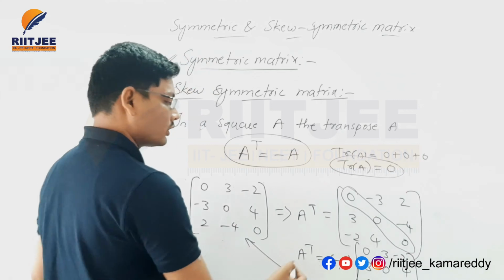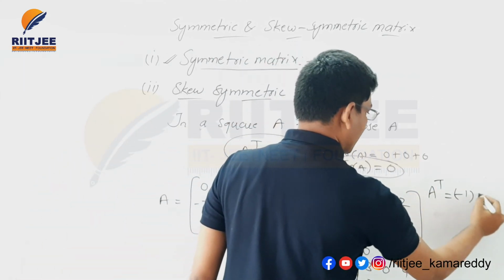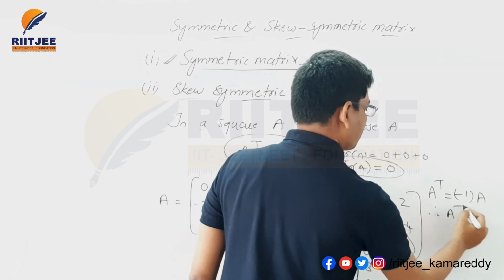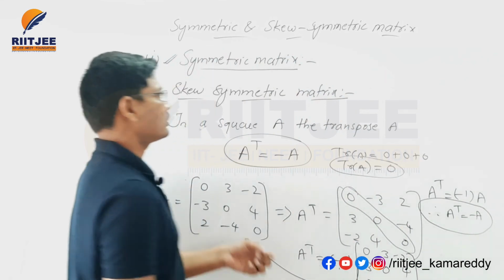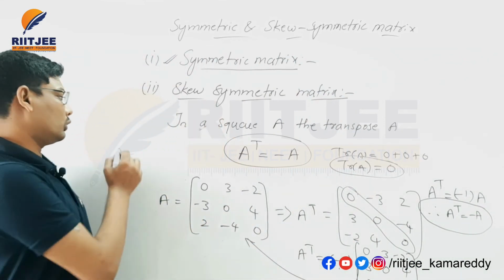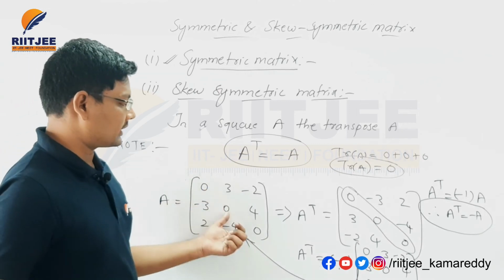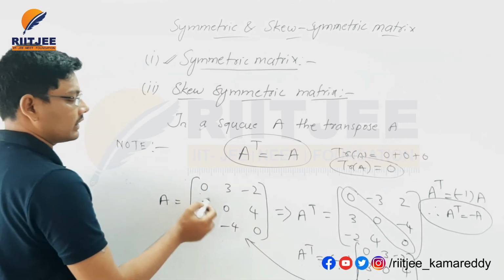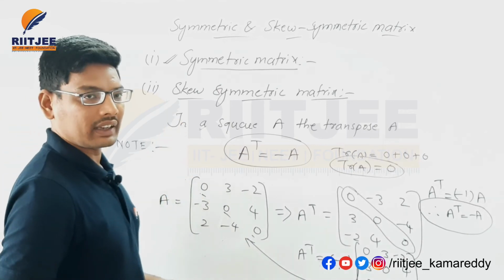Observe clearly. So A transpose is equal to minus 1 into A, therefore A transpose is equal to minus A. This is the condition for a skew symmetric matrix. Here two notes: the principal diagonal elements are 0 as well as the trace of the matrix is 0. This is all about skew symmetric matrix.